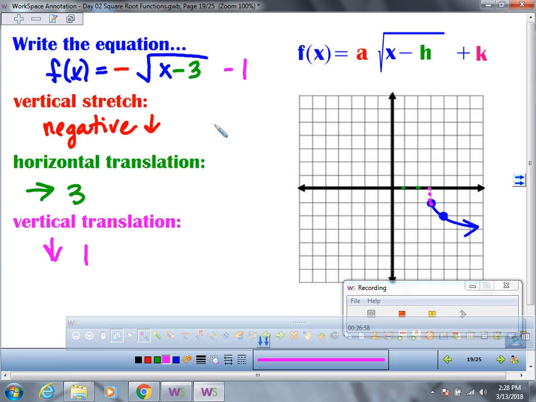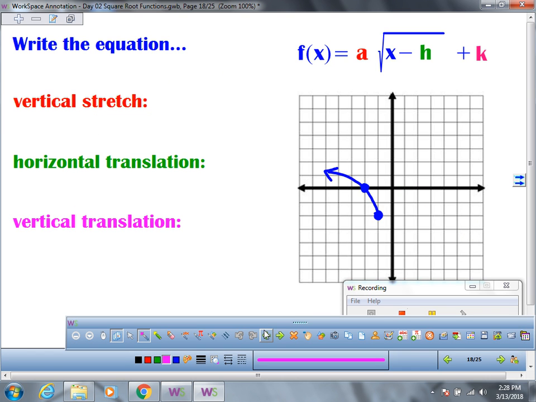Because it's going in the negative direction. That's what makes it negative. Then the negative on the outside makes it go down, just like if you had a negative on the outside of x squared, it would make it go down. Yes, Jonathan? Yes. It's like the slope. Exactly. Okay. What about this one?